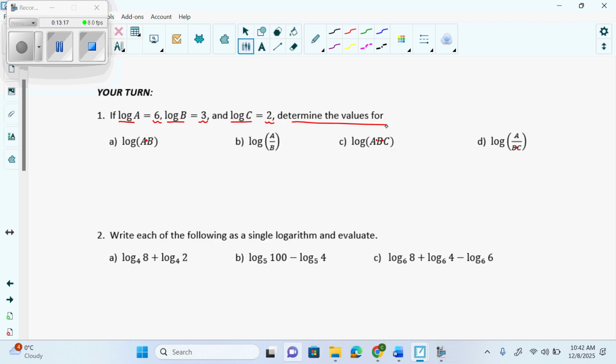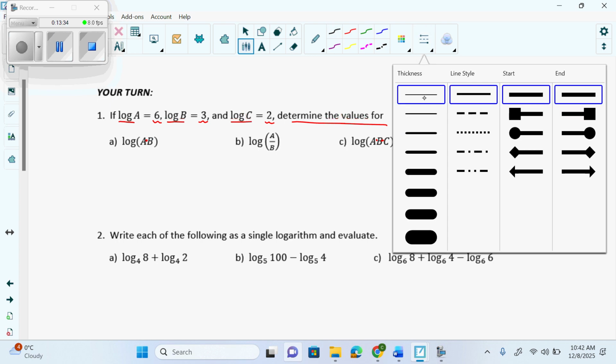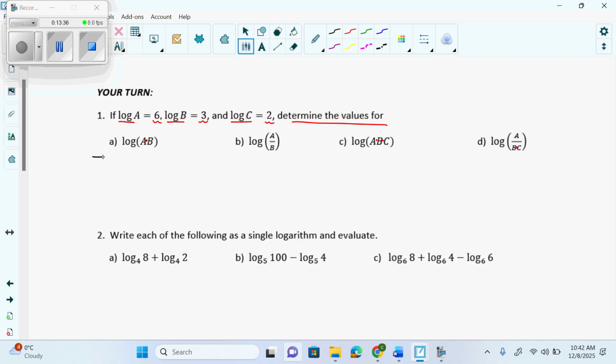So that's log A times B. Is there a log A times B answer up there? No. Is there a single log A and then a single log B answer? Yeah, so I need to get these into singles. So I can go from multiplication out to addition. So this is going to equal, because they're both in the numerator, right? So I'm going to get log A plus log B. What base are these that I don't have bases?